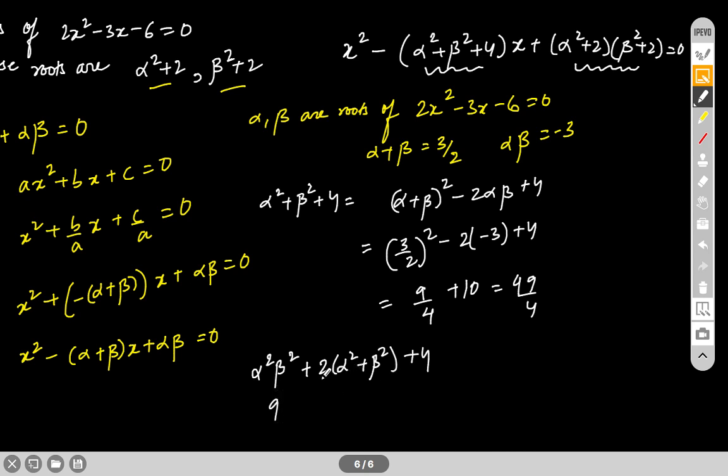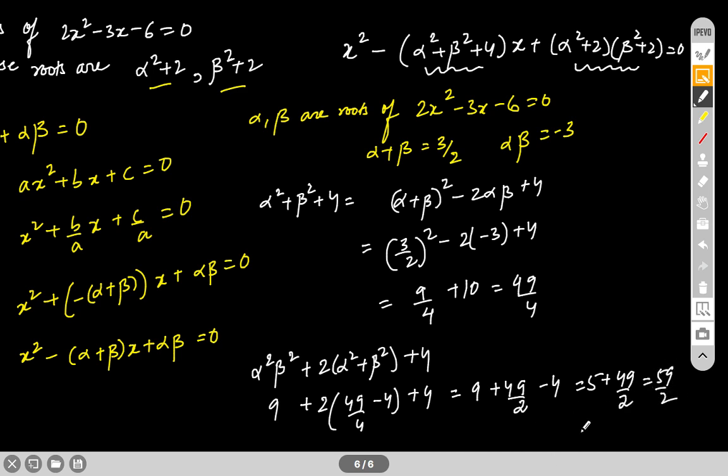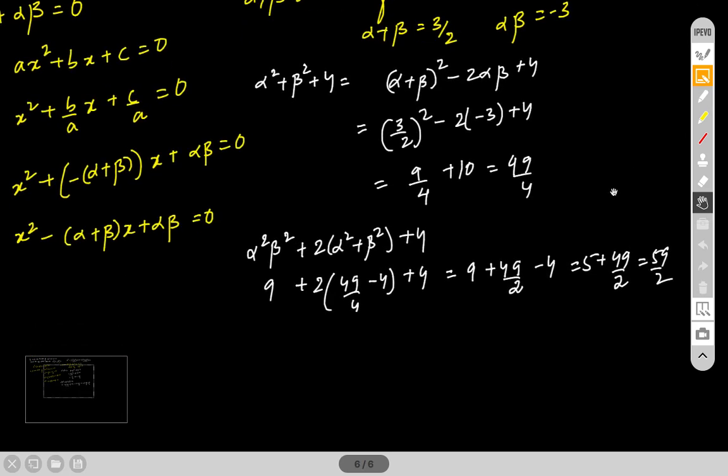And this term here, can I write it as 2 into 49 by 4 minus 4 plus 4, which is nothing but 9 plus 49 by 2 minus 8 plus 4 is minus 4, so 49 by 2 plus 5, which is 59 by 2.